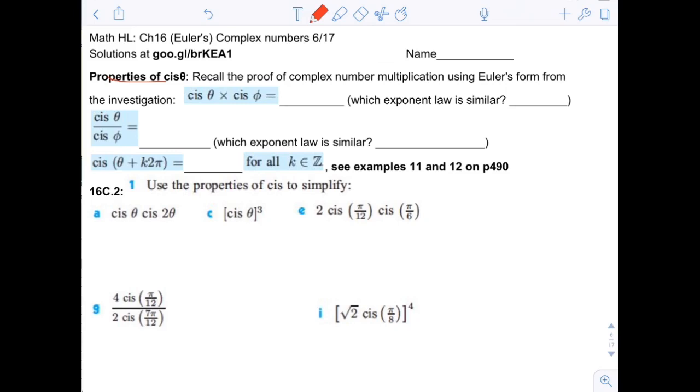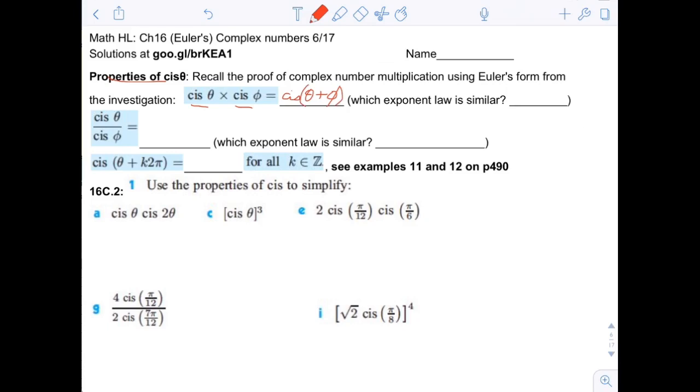Remember the investigation we did where we figured out that if we multiply two complex numbers together, the resulting complex number will have an angle which is the sum of the two angles of the first two complex numbers. So if we multiply cis theta times cis phi, which is like multiplying two complex numbers with a modulus of 1, the result is cis theta plus phi.